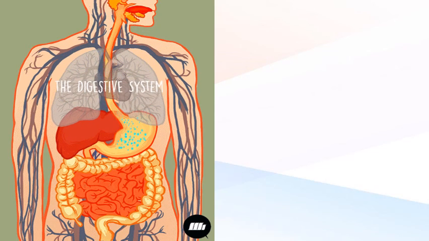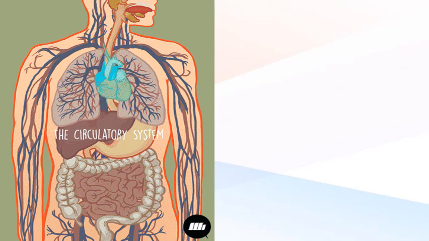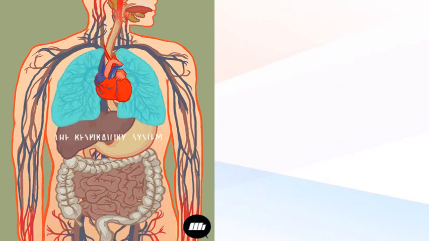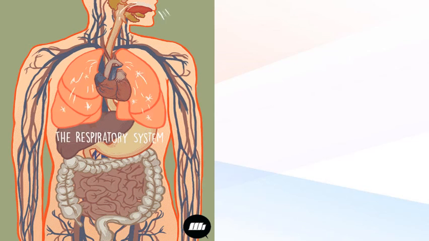Second one is the respiratory system. Here air comes inside through the nose and the lungs expand, right? And the third one is the digestive system. Here the food enters from the mouth, it passes from the esophagus to the stomach, and the digestion process takes place.